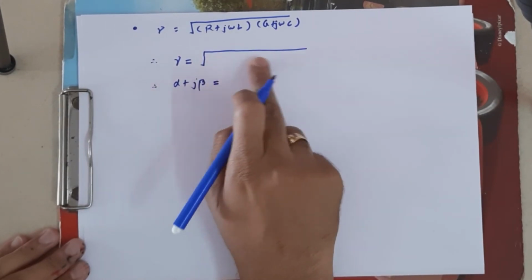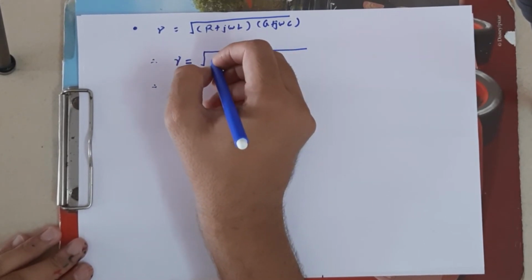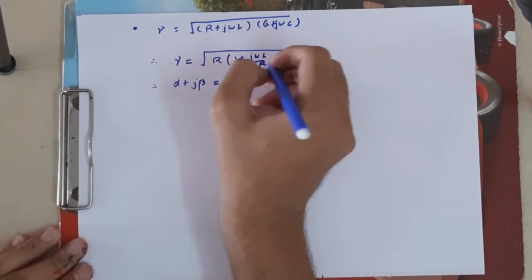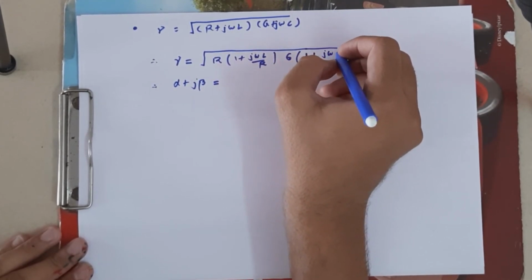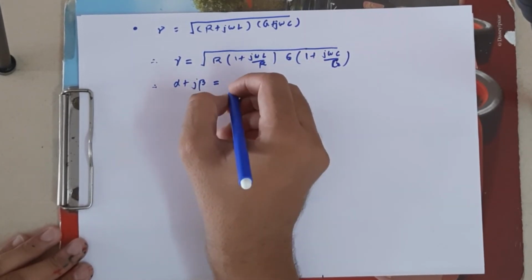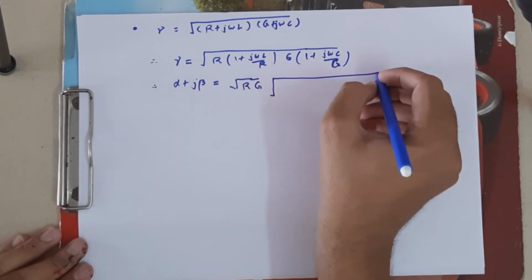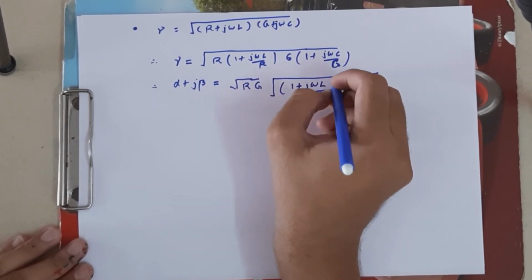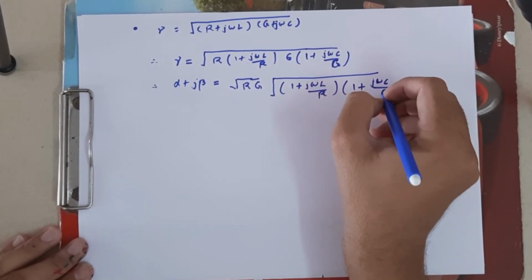So how to write this term in such a way that whatever real part I get is independent of the frequency? I will take R as common, so this is 1 plus j omega L by R. Here I will take G, so 1 plus j omega C by G. So alpha plus j beta is the square root of R into G, times the square root of (1 plus j omega L by R) and (1 plus j omega C by G).